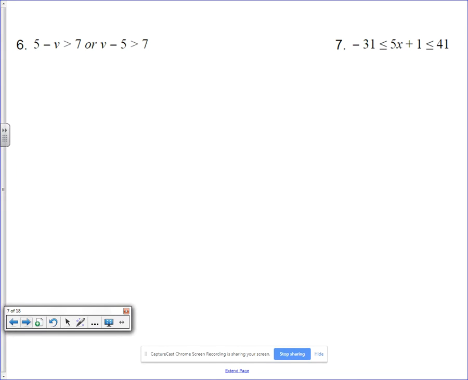All right, I got to isolate the x. What's farthest away from the x on the same side? The 1. How do I get rid of that 1? If you subtract the 1, what's left? 5x in the middle.